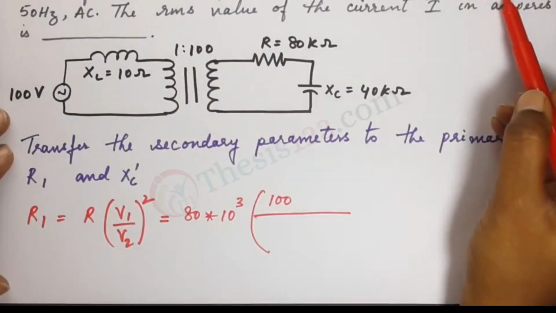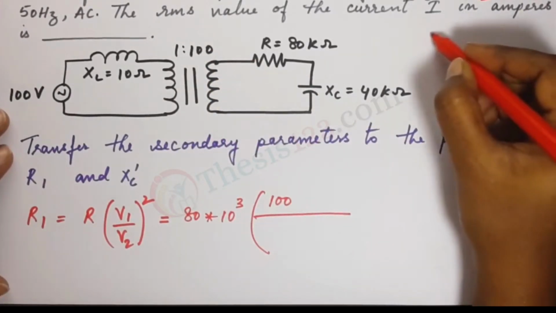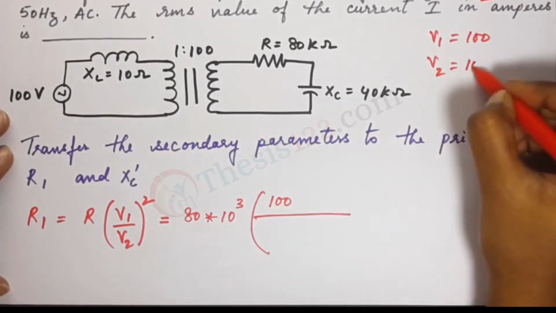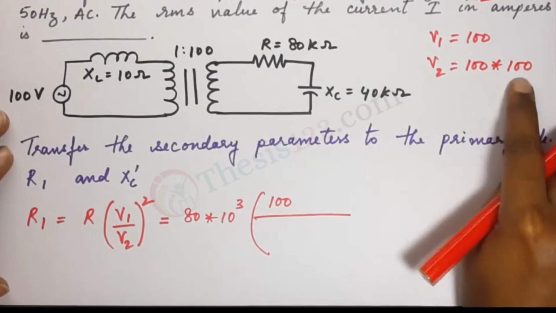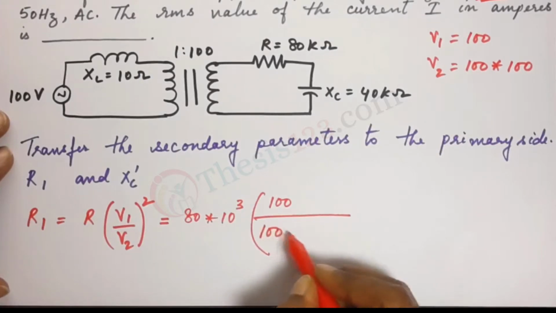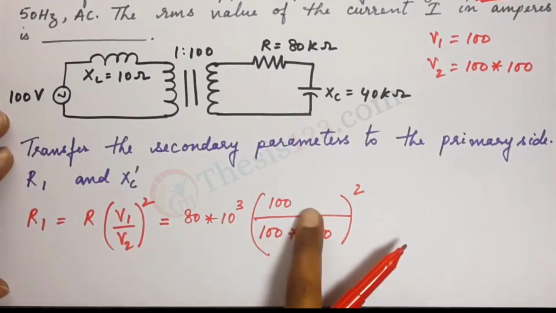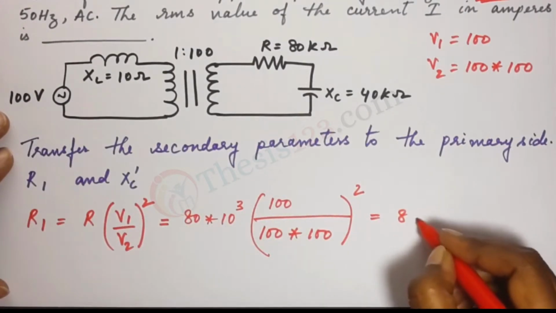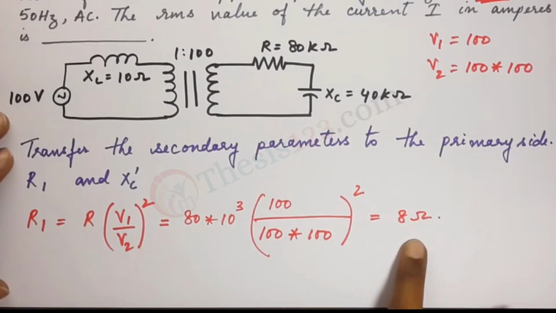If V1 is 100, then V2 is 100 into 100, that's V1 times the number of turns according to the ratio given. So here we have 80 into 10 power 3 times 100 divided by 100 into 100, all squared. That's 1 by 100 of 80K, and that gives us 8 ohms. So the value of R1 here is 8 ohms.